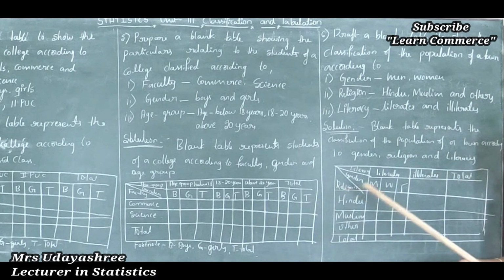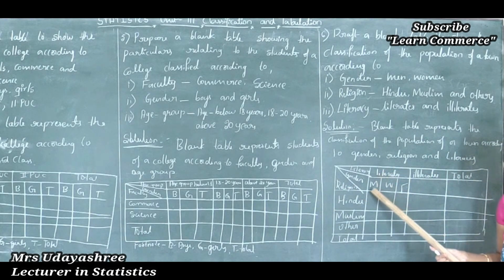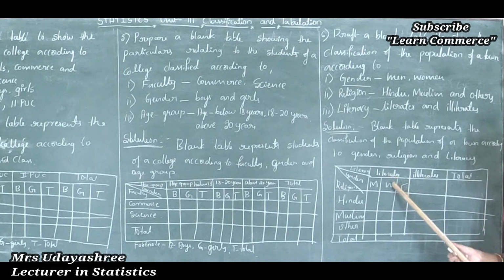See here this column indicates literate men Hindus, and this column indicates literate women Hindu people, and this column indicates literate total number of Hindu people.